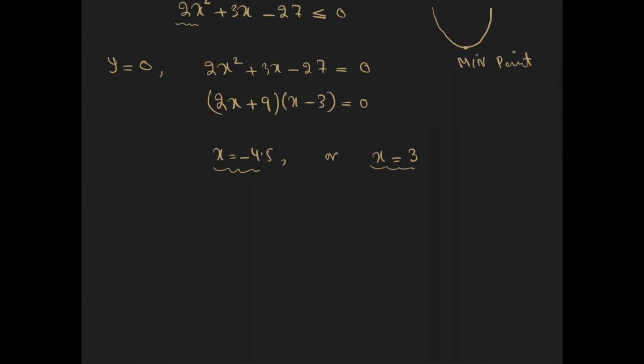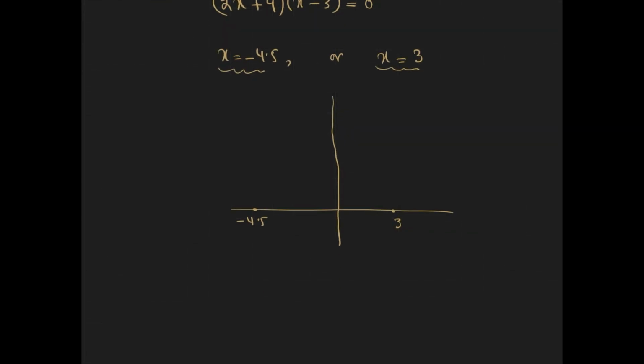We can now sketch the curve for the given function, and let's say this is -4.5 and here we have +3, and that is the sketch of this curve. After sketching the curve, again look into the quadratic function, which is 2x² + 3x - 27 ≤ 0.